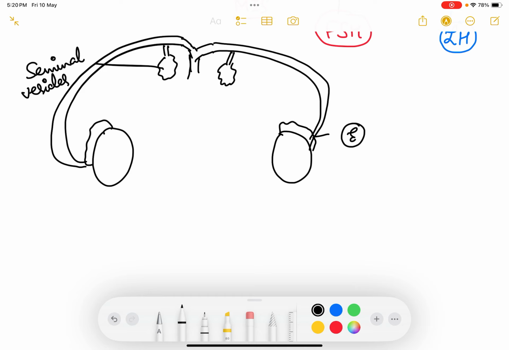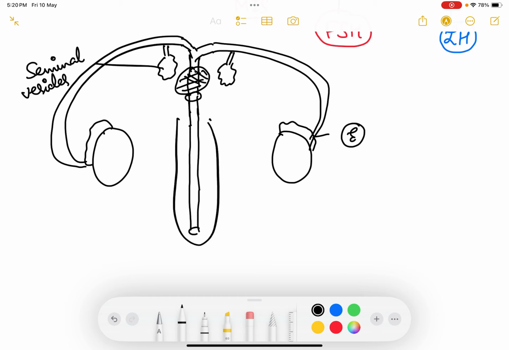After that it forms the ejaculatory duct, at the base of which you have the prostate gland which gives its secretion, and the bulbourethral glands, and after that it drains into the penile urethra, which brings it to the outside world through the penis.